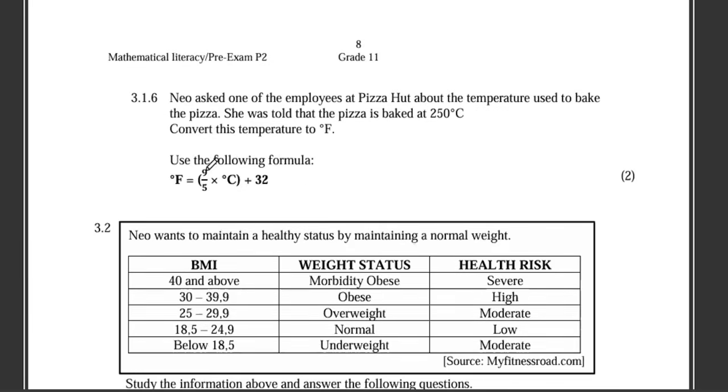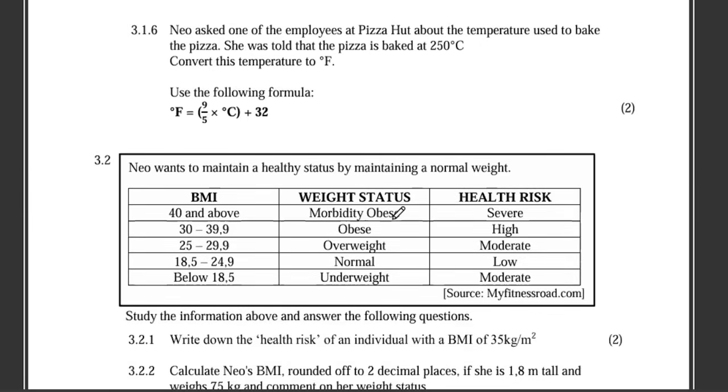All right, 3.1.6. It says, now asked one of the employees of the Pizza Hut about the temperature used to bake the pizza. She was told that the pizza is baked at 250 degrees Celsius. Convert the temperature to Fahrenheit, and they have already given the formula. Simple. What you're going to do is say that 9 over 5 times 250, close the brackets, plus 32.